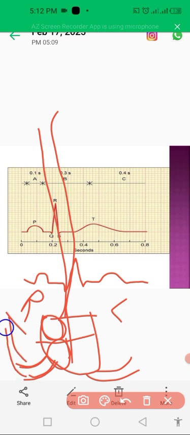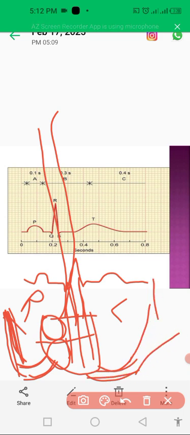From there oxygenation of blood happens, and that oxygenated blood returns into the left atrium. From the left atrium, that oxygenated blood goes into the left ventricle, and it is pumped via the aorta into the whole body in systemic circulation. So in this way blood is pumped in the body, and that pumping mechanism is known as the circulatory system of the body.